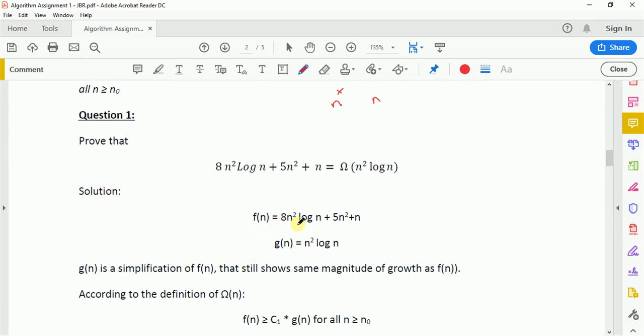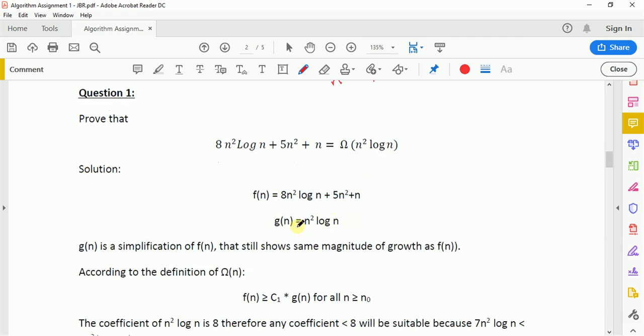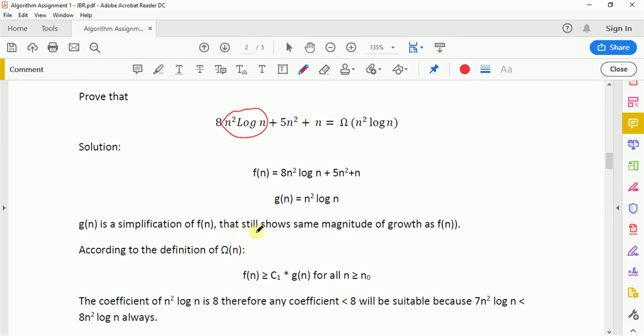f of n is equal to 8n squared log n plus 5n squared plus n. g of n is the primary factor of this polynomial. This is the largest. This is bigger than this, and we'll prove that. g of n is a simplification of f of n that still shows the same magnitude of growth as f of n.